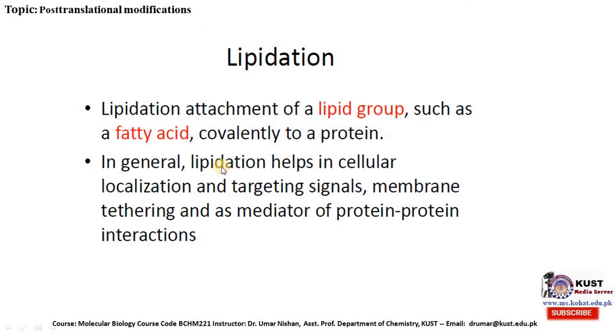In general, lipidation helps in cellular localization and targeting signals, membrane tethering, and is a mediator of protein-protein interactions. So with the help of lipidation, when the lipoproteins are formed, they can perform these various functions, including targeting signals, membrane tethering, and mediator of protein-protein interactions.